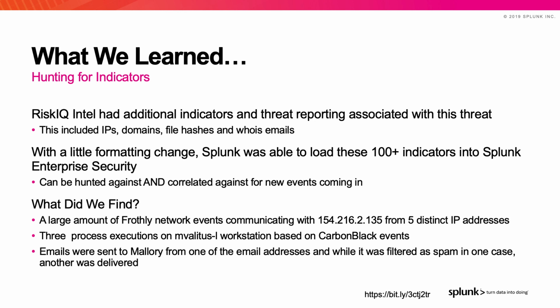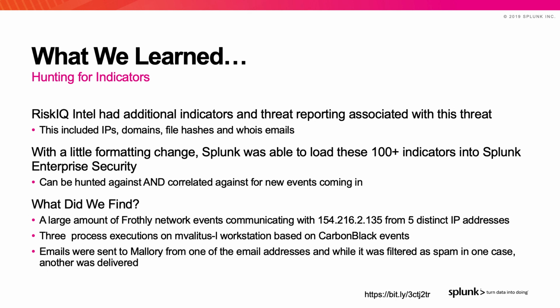One, for all new correlated events that are coming in, I can take those indicators and compare them to everything new coming in and say, hey, I've got something bad happening right now. But I can also then take that panel, that search that we just did, and look historically back across my data set and be able to find a lot of other kinds of badness that happened and be able to identify the systems they happened on and then prioritize my response.